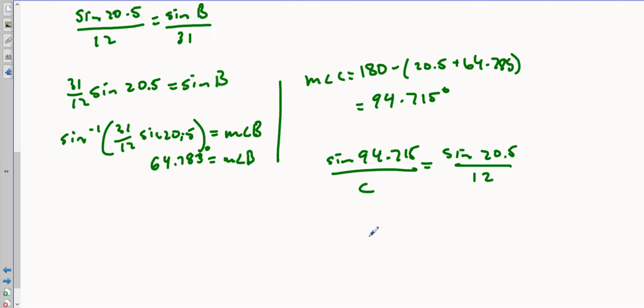Cross multiply, C is going to equal 12 times the sine of 94.715 divided by the sine of 20.5.